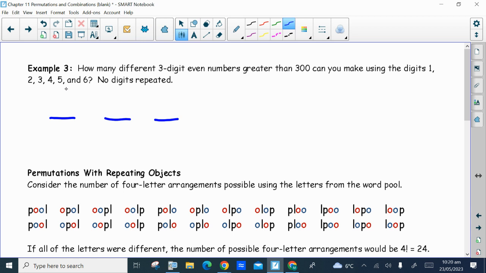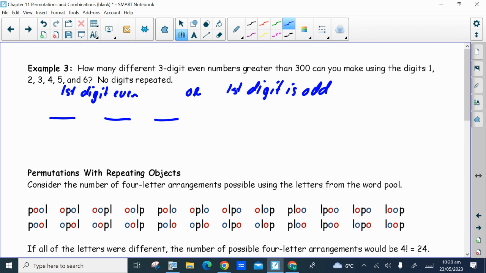The first scenario would be if the first digit is even. The second scenario, so I'm going to put or there, would be if the first digit is odd.